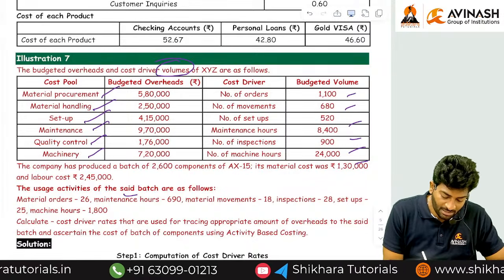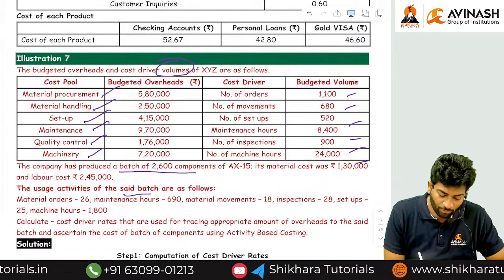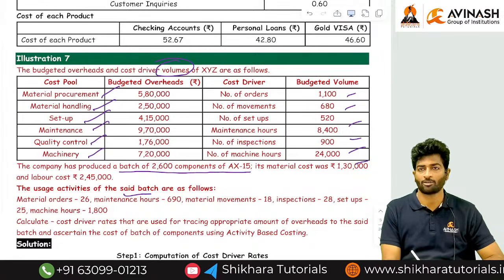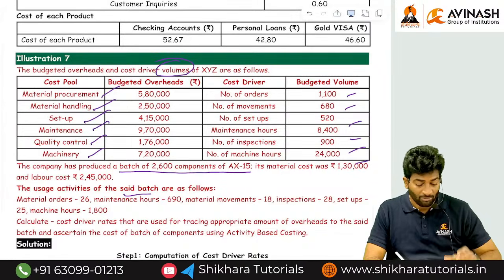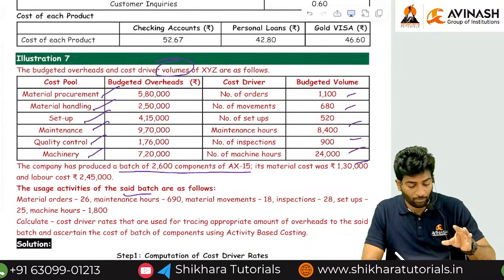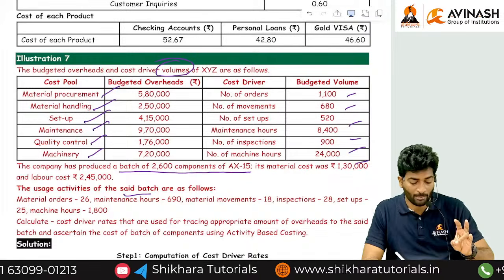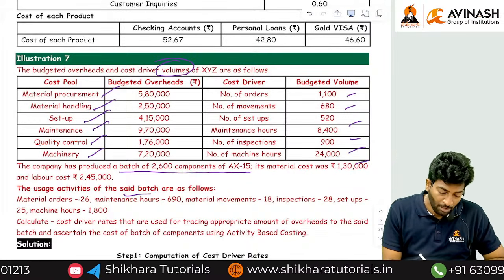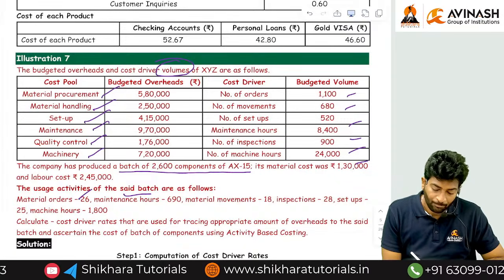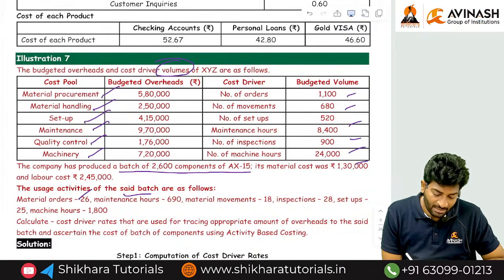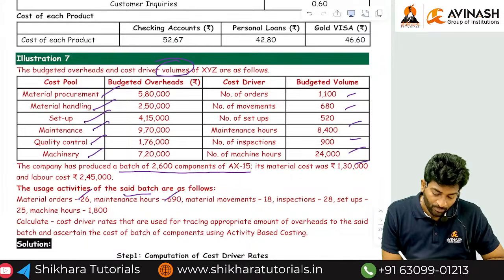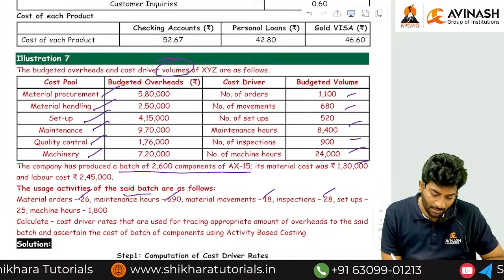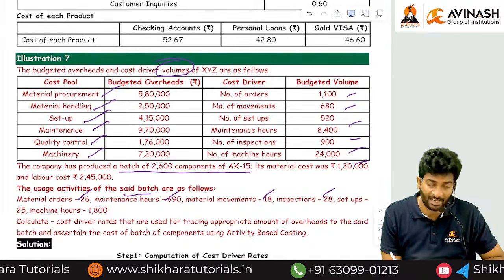So here they gave you the batch information of AX15, where the batch consists of 2600 components, and for that particular batch they gave you material cost, labor cost, and the resources consumed: material orders 26, maintenance hours 690, material movements 18, inspection 28, setup 25, machine hours 1800.